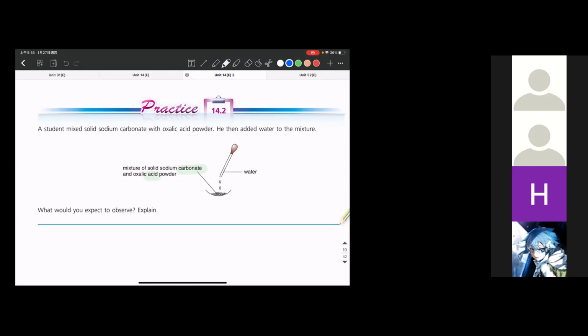What is observable? Some bubbles occur. Yes, bubbles. The colorless gas bubbles are given out.